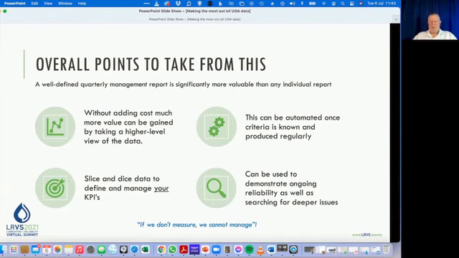So these reports can be used to demonstrate ongoing good reliability, as well as searching for deeper issues where optimization and improvements can be sought. And ultimately, let's be honest, if we don't measure things, we can't really manage them, because we can't demonstrate improvements or support, for instance, requests for finance to solve problems which need financing.